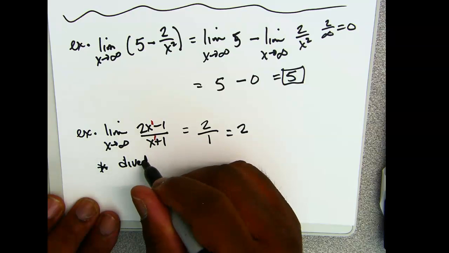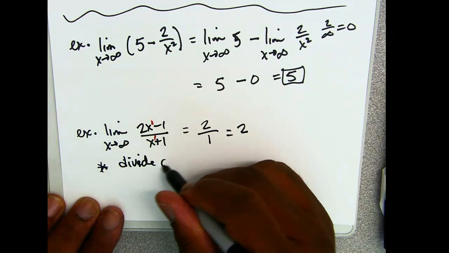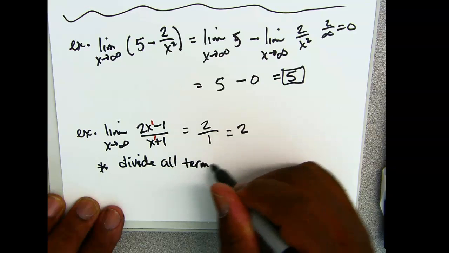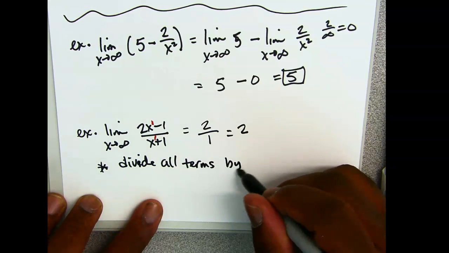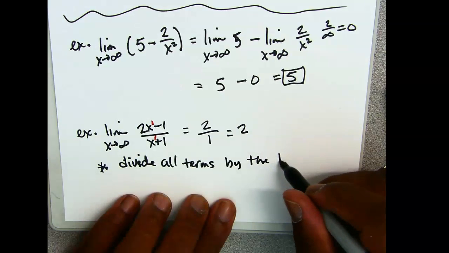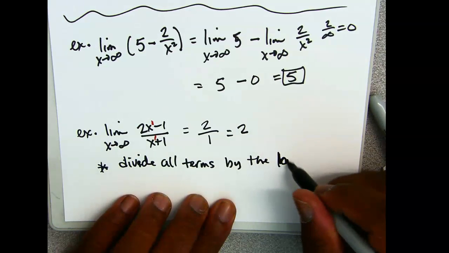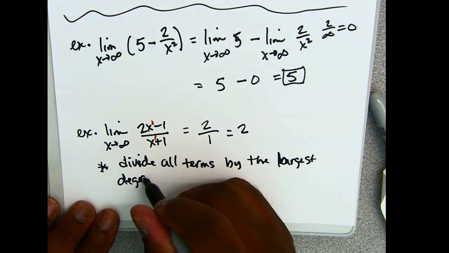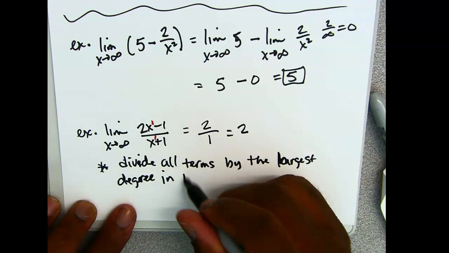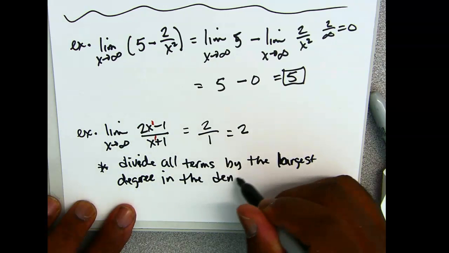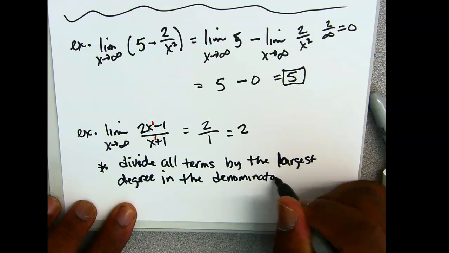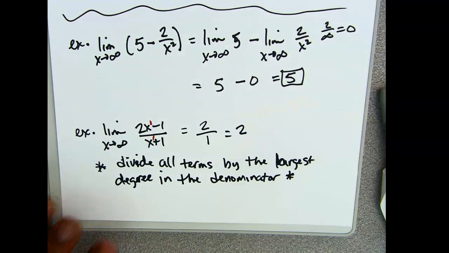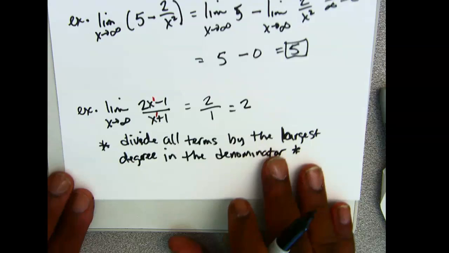You want to divide all terms by the highest degree, or largest degree, in the denominator. So it always has to be the largest degree in your denominator. In this case, x to the first power is our largest degree.